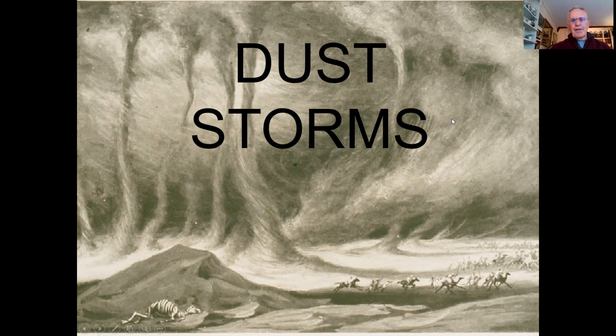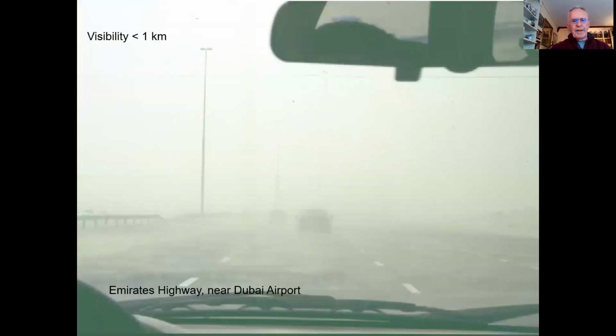And again, because of the lack of vegetation in desert surfaces and because of the lack of binding humus and so on, when you get strong winds, then dust storms occur. And they can reduce visibility right down to almost nothing, though they're normally defined as being events which reduce visibility to less than a kilometer.